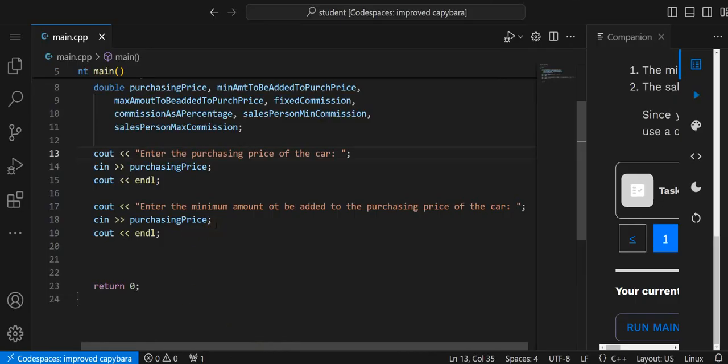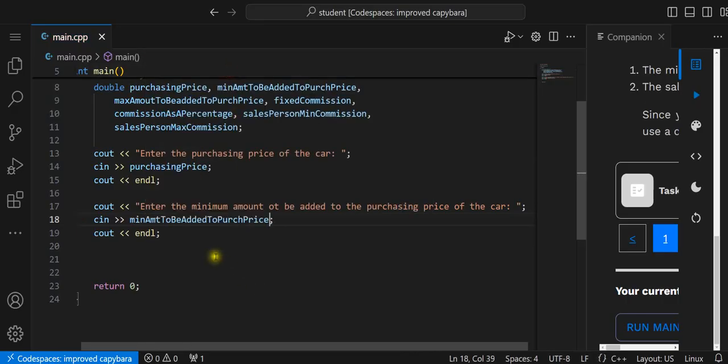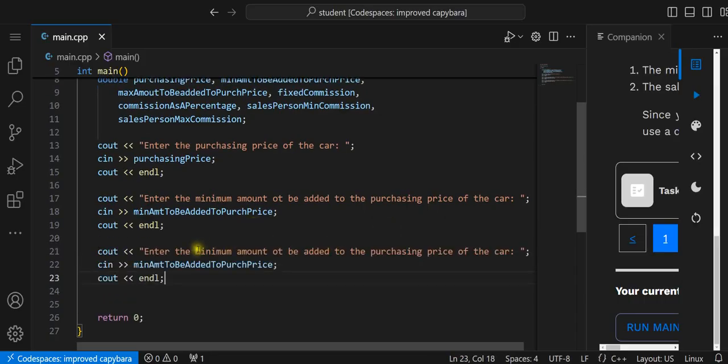Got a lot of code. Enter the minimum amount to be added to the purchasing price of the car. This is going to be min amount to be added to the purchase price. Let's select that, copy, and paste it. It's going to be maximum.